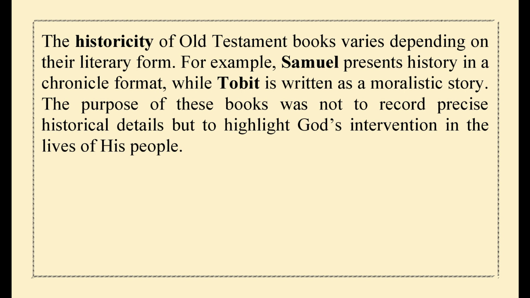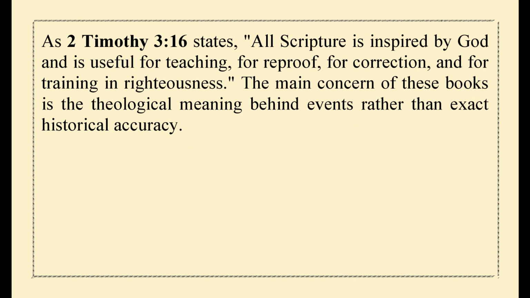The purpose of these books was not to record precise historical details but to highlight God's intervention in the lives of his people. As 2 Timothy 3:16 states, "All scripture is inspired by God and is useful for teaching, for reproof, for correction, and for training in righteousness." The main concern of these books is the theological meaning behind events rather than exact historical accuracy.